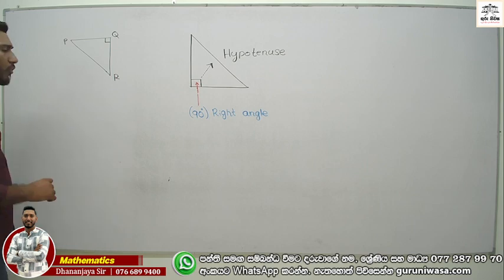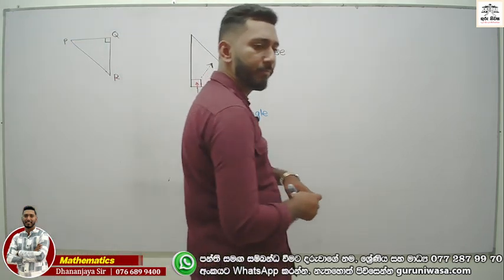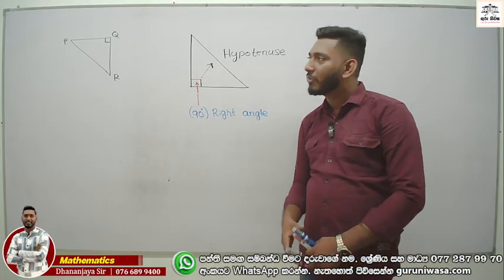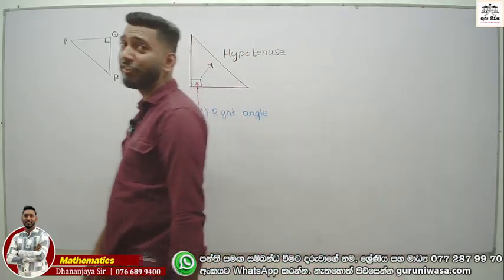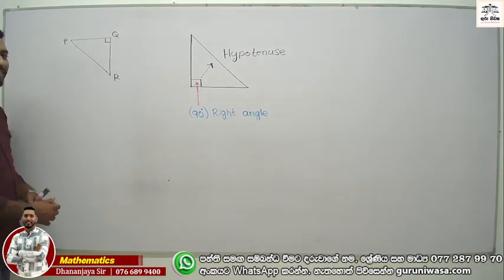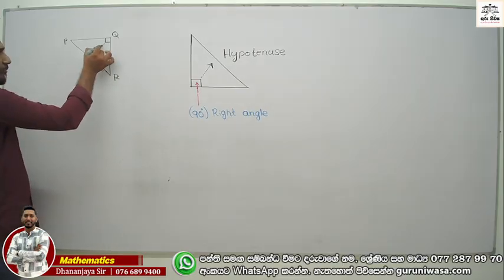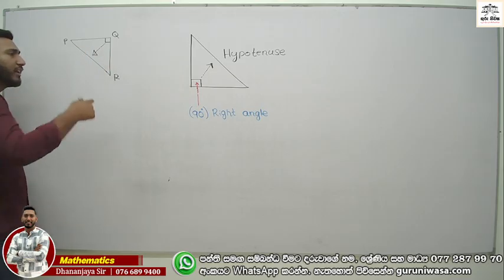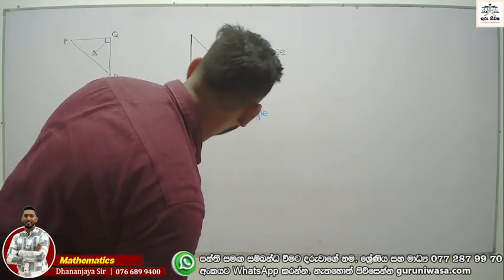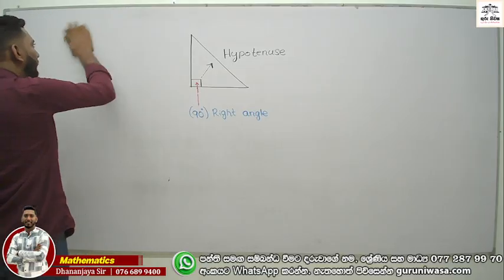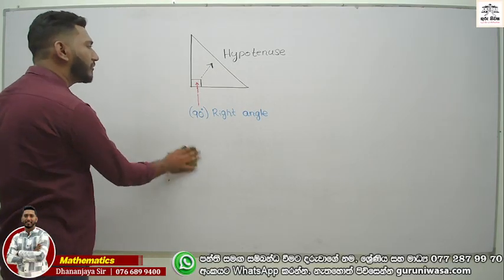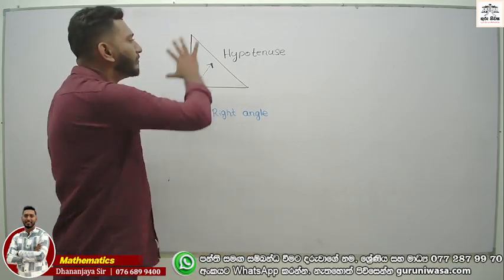Now, what is the hypotenuse side? PR. Well done. And Brianna, you understood? Yes, sir. This is the opposite side. Therefore, this is the hypotenuse. Now draw this one and mark these ones. Hurry up.